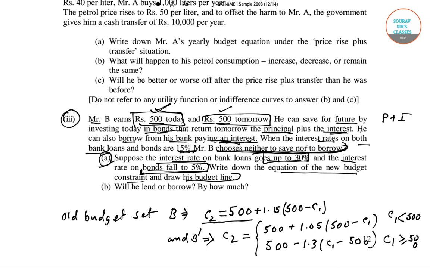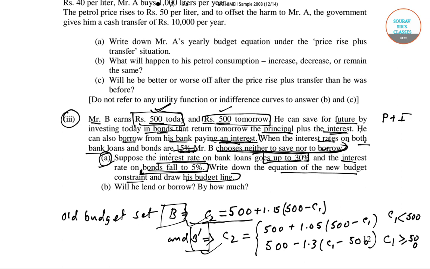When the interest rates on both bank loans and bonds are 15%, Mr. B chooses neither to save nor to borrow. From there we can find these two budget constraints: the old one given as capital B and the new one as capital B dash.